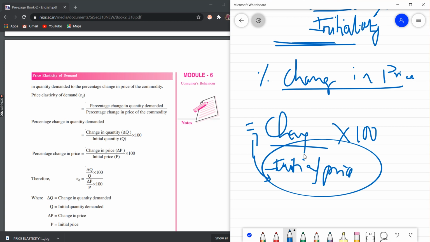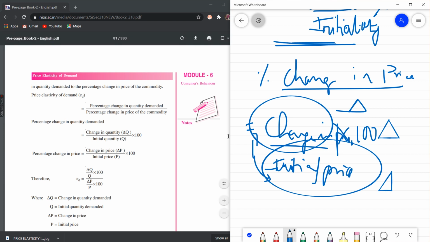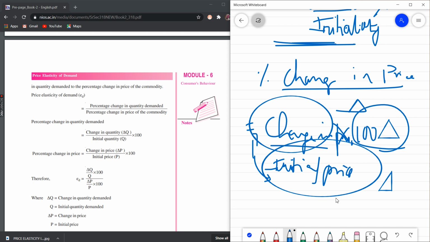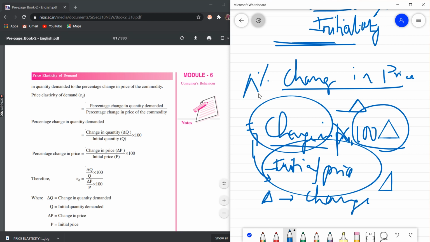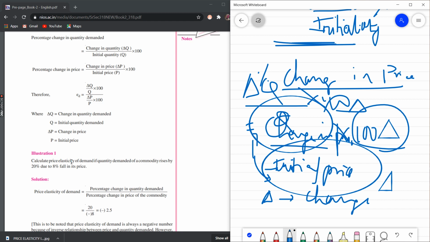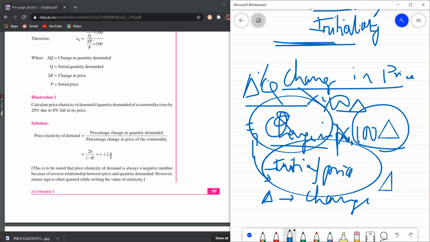So change in price. Normally change is denoted by a triangle. So triangle means change. You can write it as change in Q by initial Q into 100. This is the formula. This is very easy.